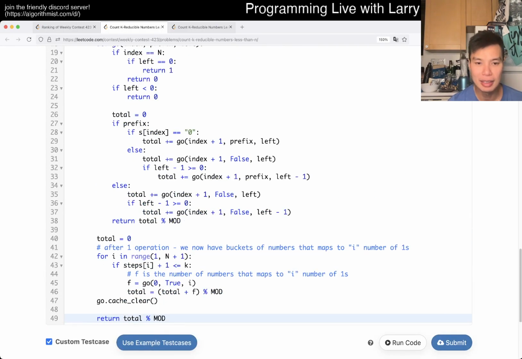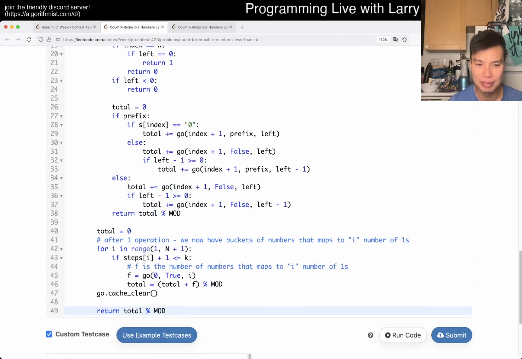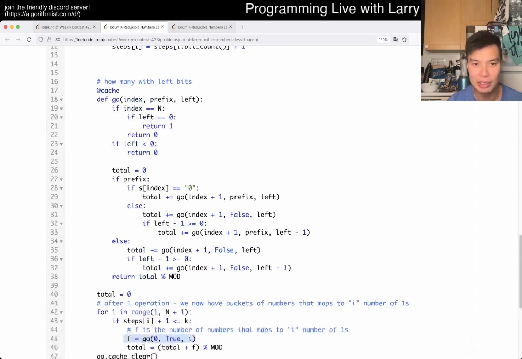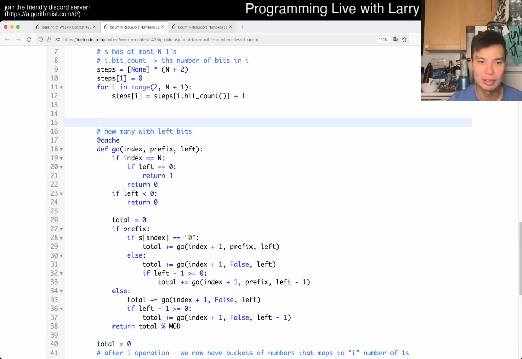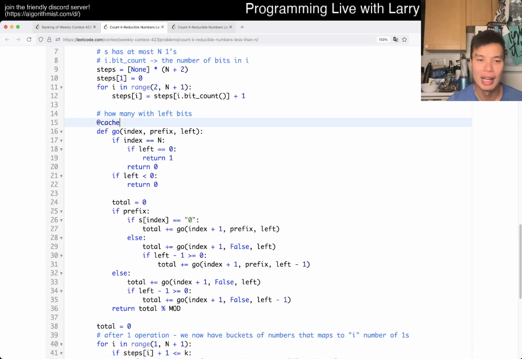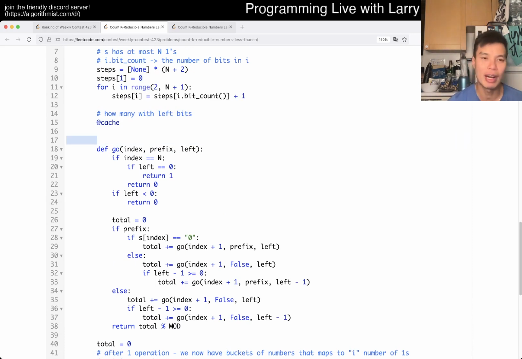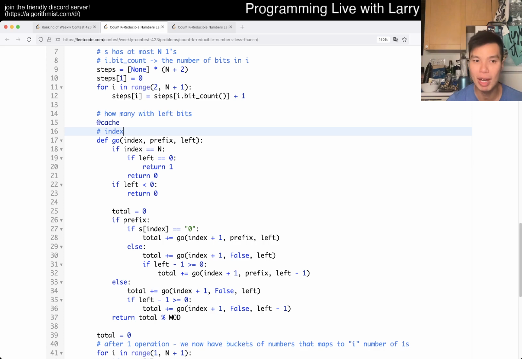And then now you have this dynamic programming that gets the count. So what is the idea behind this dynamic programming? For this particular video, I'm not going to go over the nuances of dynamic programming. This is a hard problem, so you should be familiar, and I'm not going to go over that deeply.